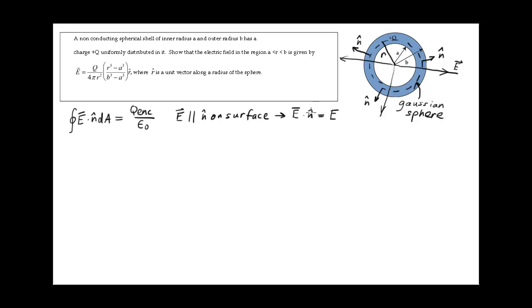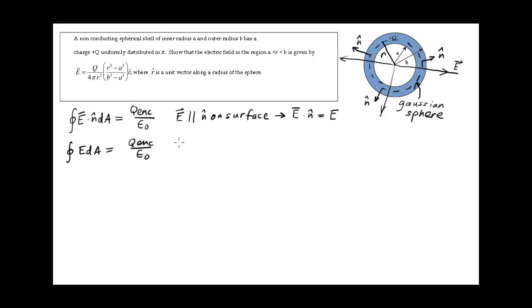Here the cosine of the angle is cosine 0, or 1. And n hat is a unit vector, so it simply has magnitude equal to 1. So E is all we have. This then becomes the integral of E dA equals Q enclosed over epsilon 0. And we'll figure the right-hand side out in a minute.